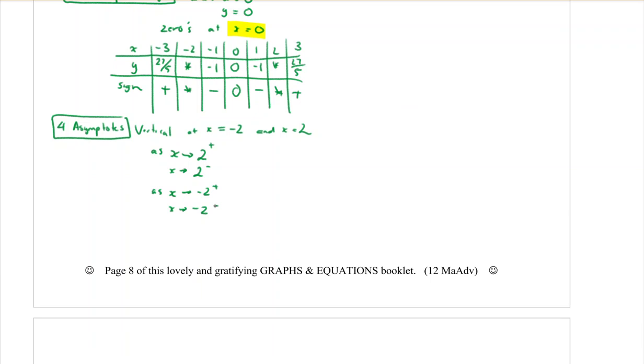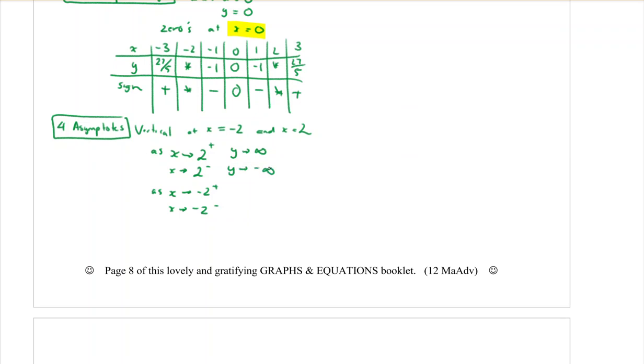Looking at the +2, which is over here, on the plus side of that, I have a positive value. So y is most likely going to be approaching infinity there. If I go to the left of that asymptote, it is now negative, which means y is going to be approaching negative infinity.